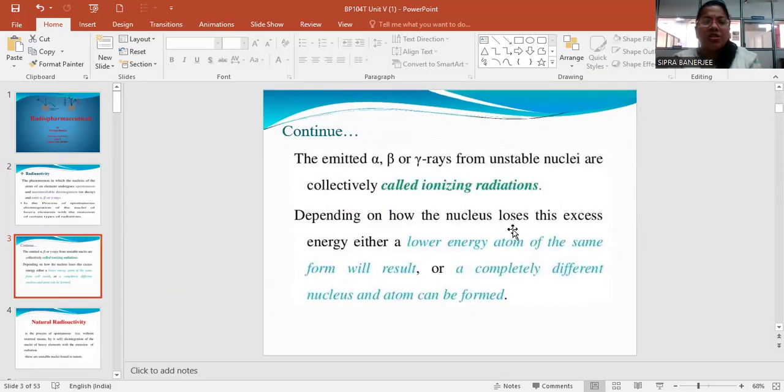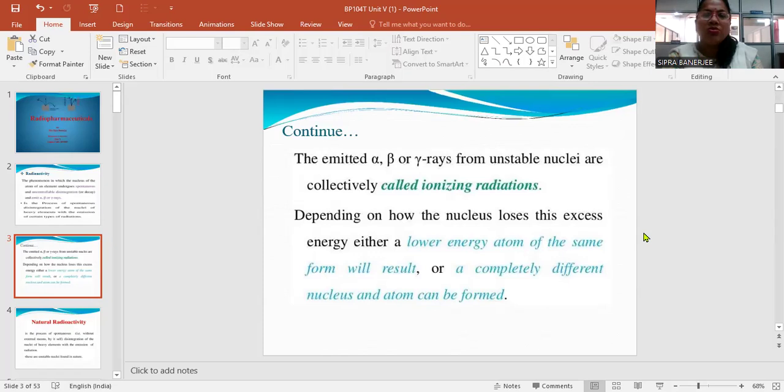So the emitted alpha, beta and gamma rays from unstable nuclei are collectively called ionizing radiation. So whatever alpha, beta and gamma particles are released, this is forming unstable nuclei. As a result, the radioactive elements will produce some unstable nuclei, and these rays will be called ionizing radiation.